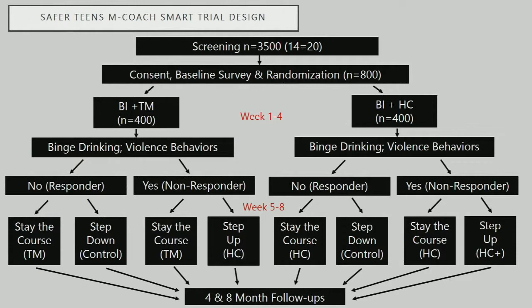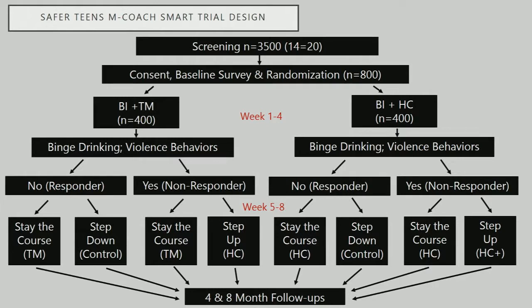So the overall design for the study is we screen folks in the emergency department. If they screen positive for recent violence and alcohol use, they get randomized in either the group that gets the first stage strategy of brief intervention plus text messaging, or the first stage strategy of brief intervention plus the health coach and remote therapy.